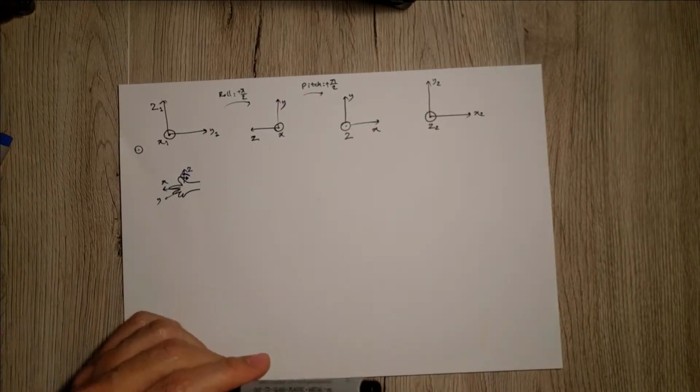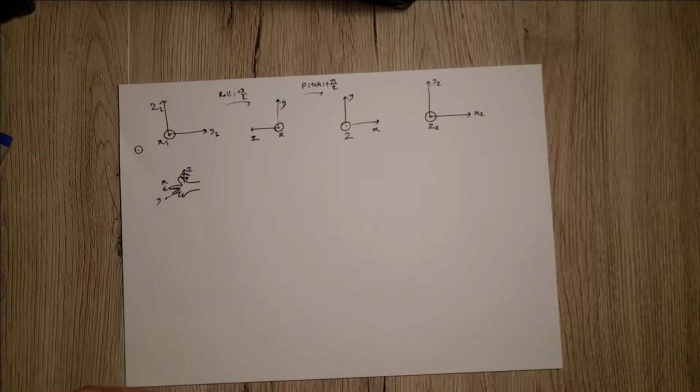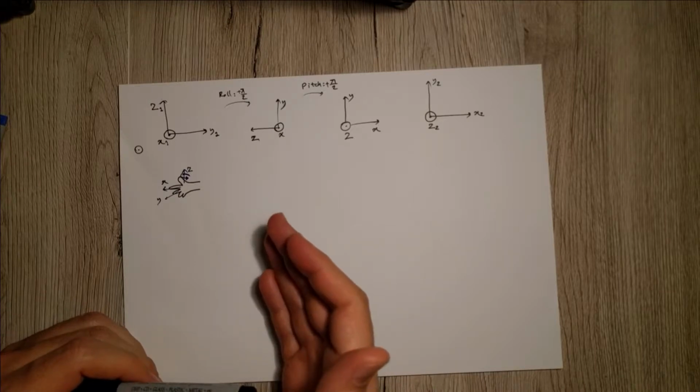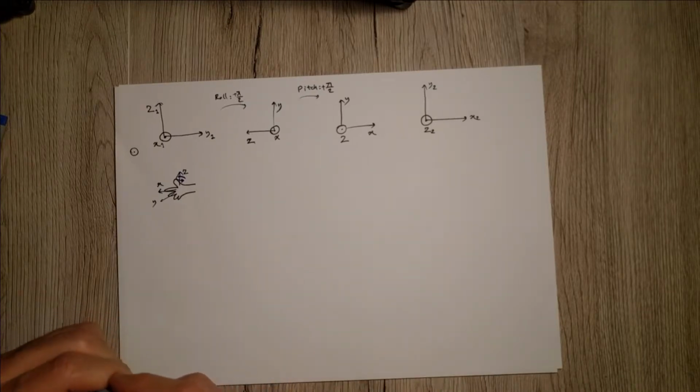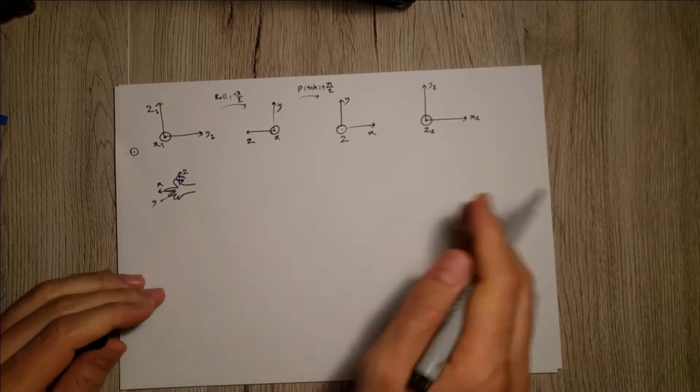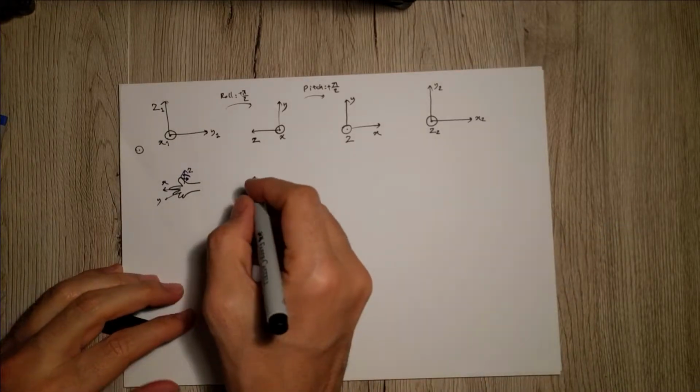Okay, now we're looking for this 3x3 rotation matrix. To get this 3x3 rotation matrix, all I have to do is write the inner products of these vectors together.